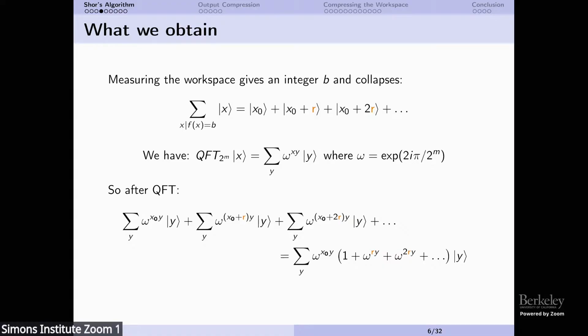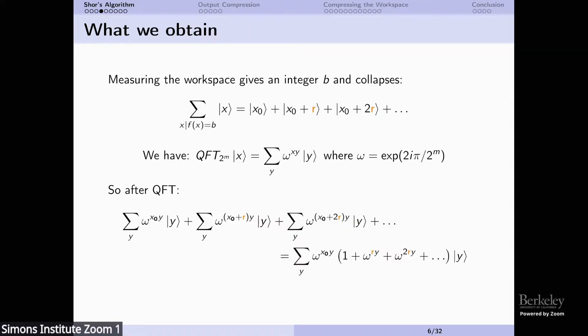And when you do the QFT on such a state, you get interference. So you write this down, and you write the amplitude that corresponds to a given integer y for the input part. And if you look at this, you can see that when omega to the ry here, where omega is a root of unity, when it's close to 1, then this is going to be bigger.